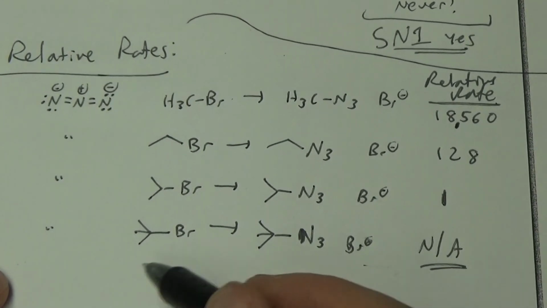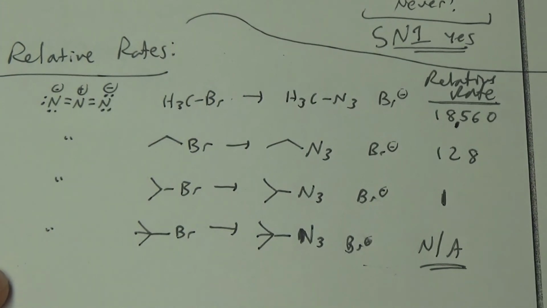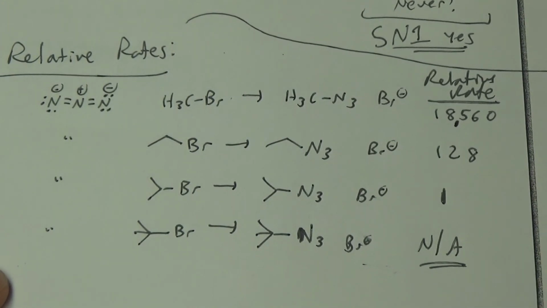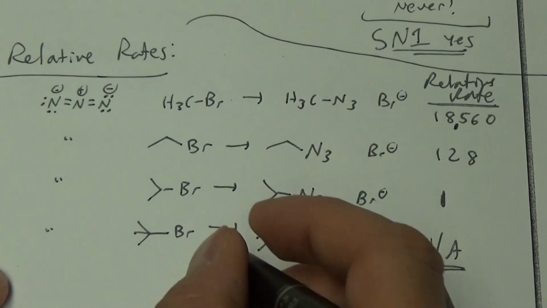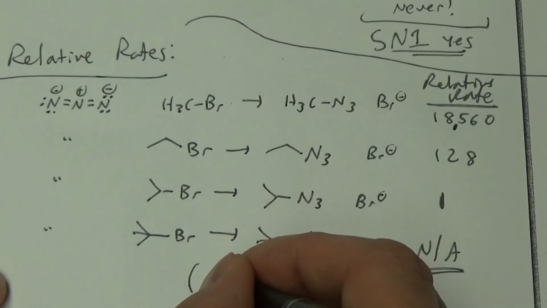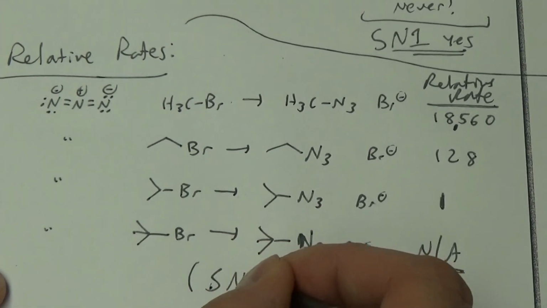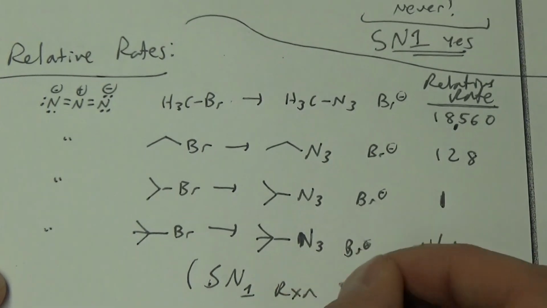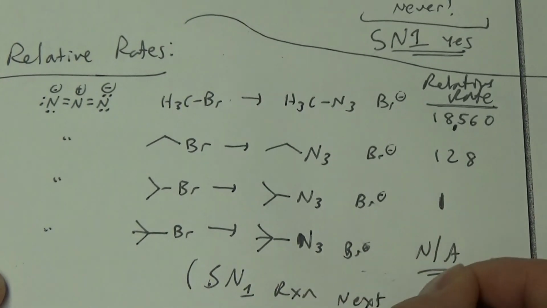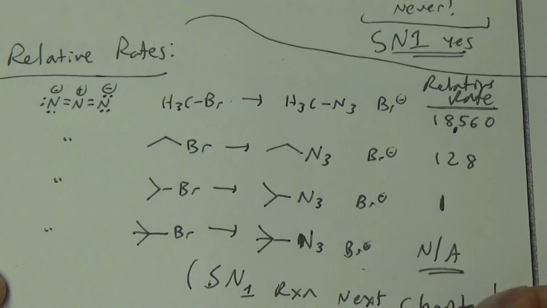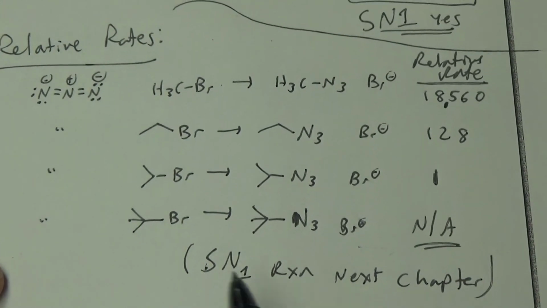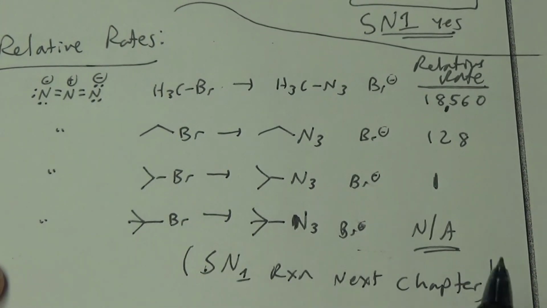Tertiary is just not a viable SN2 reaction. But there will be SN1 reactions of tertiary next chapter, which is just a different mechanism, a different style of reactivity that does occur on tertiary.